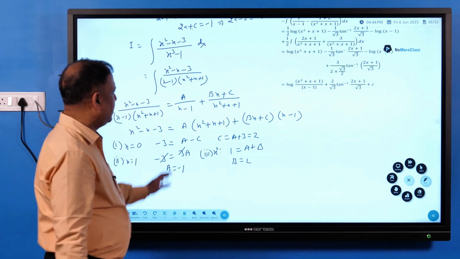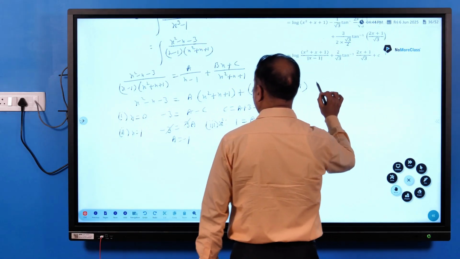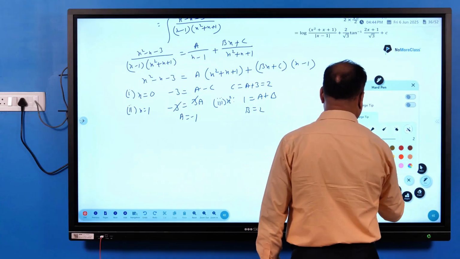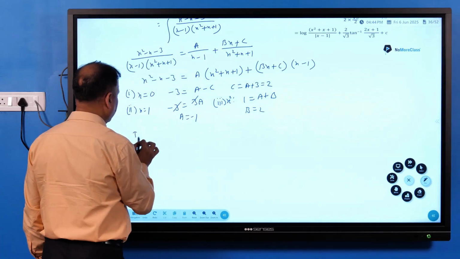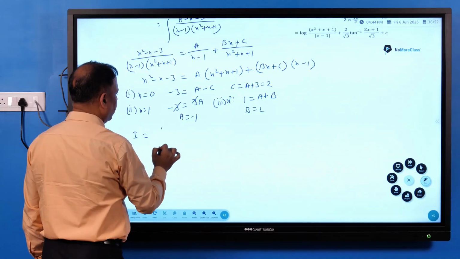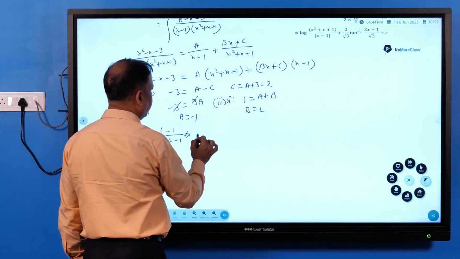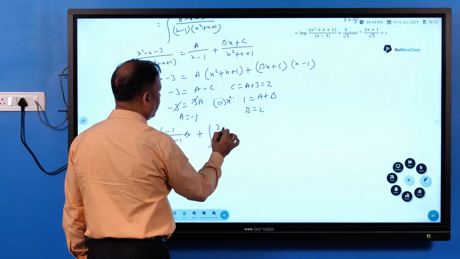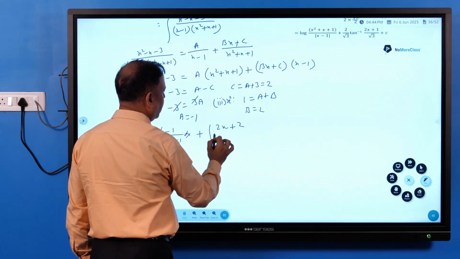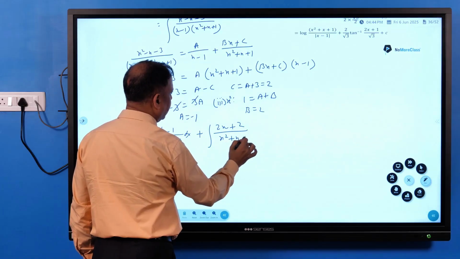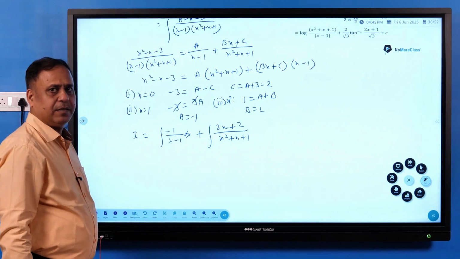Now this integral will change into this form. Next I have to integrate it. This integral will be equal to the integral of -1/(x - 1) dx plus (2x + 2)/(x² + x + 1) dx.